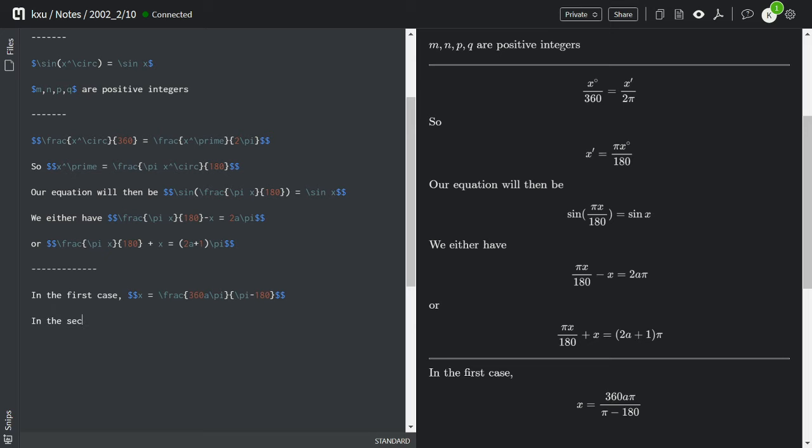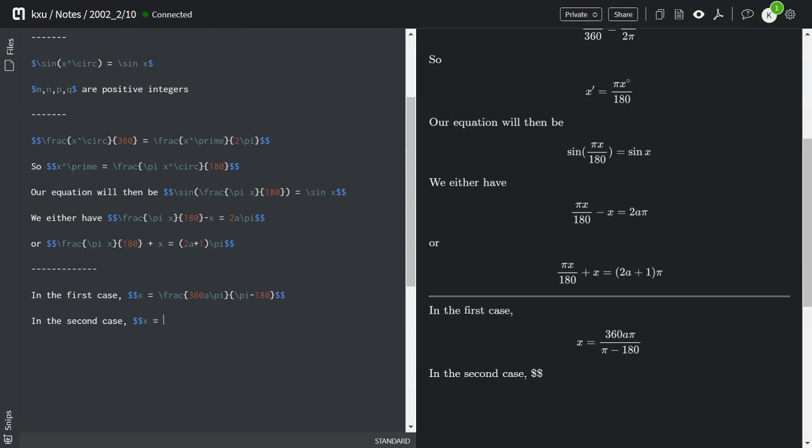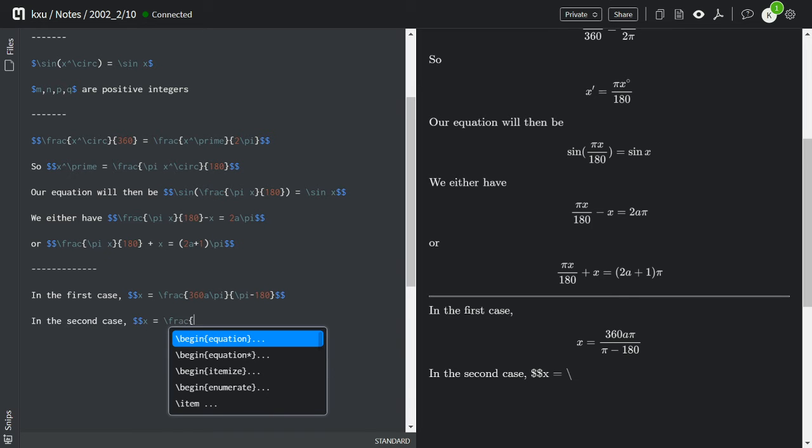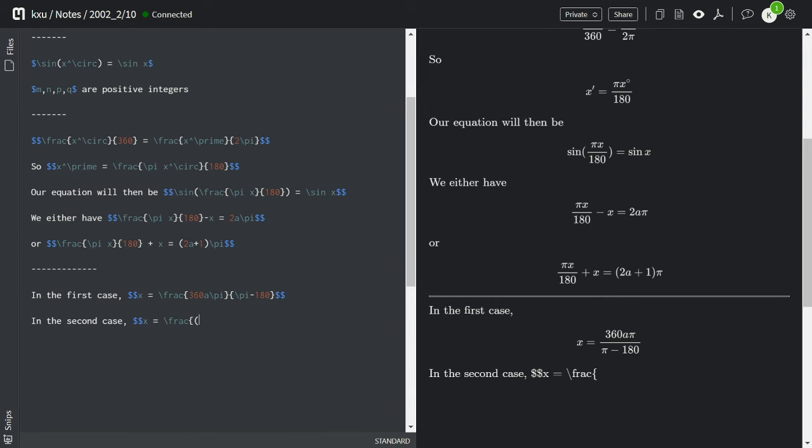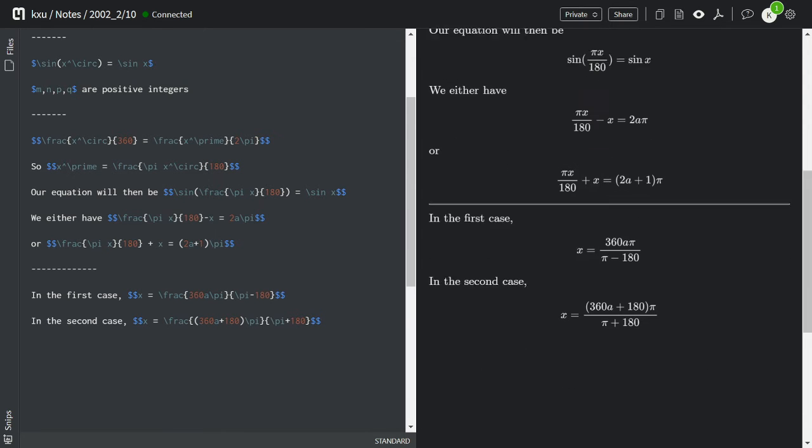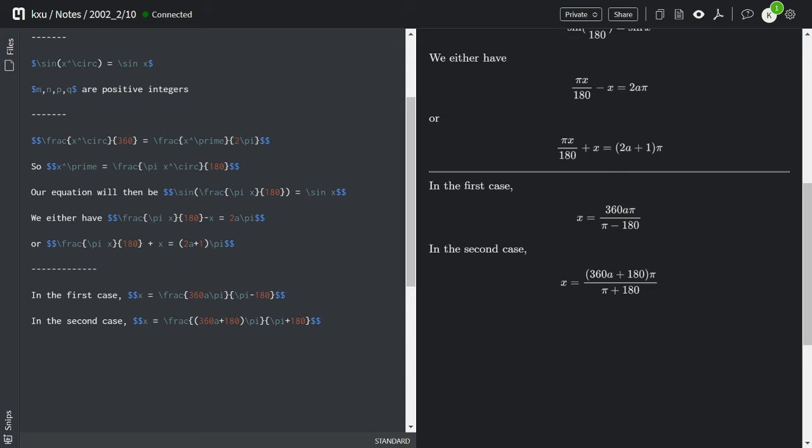And in the second case, x is, we once again bring the 180 up, and this is pi plus 180. So we have these two families of solutions for integer a.